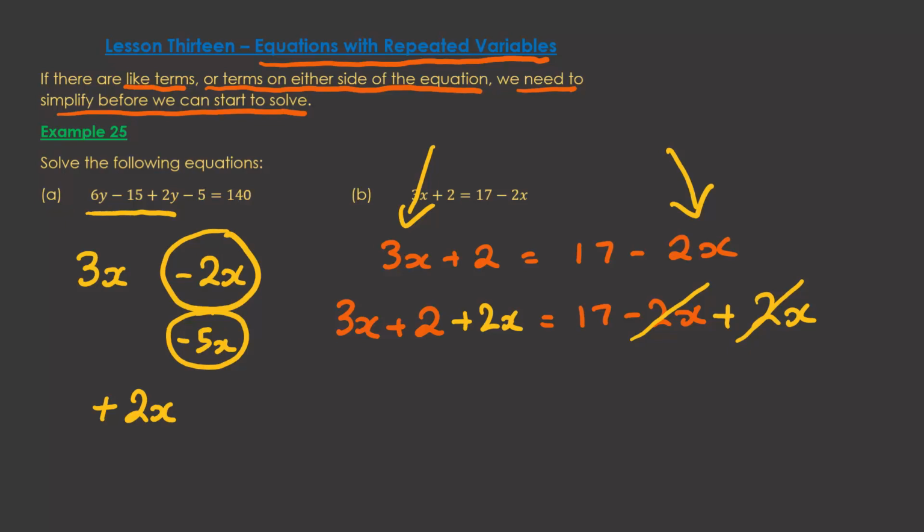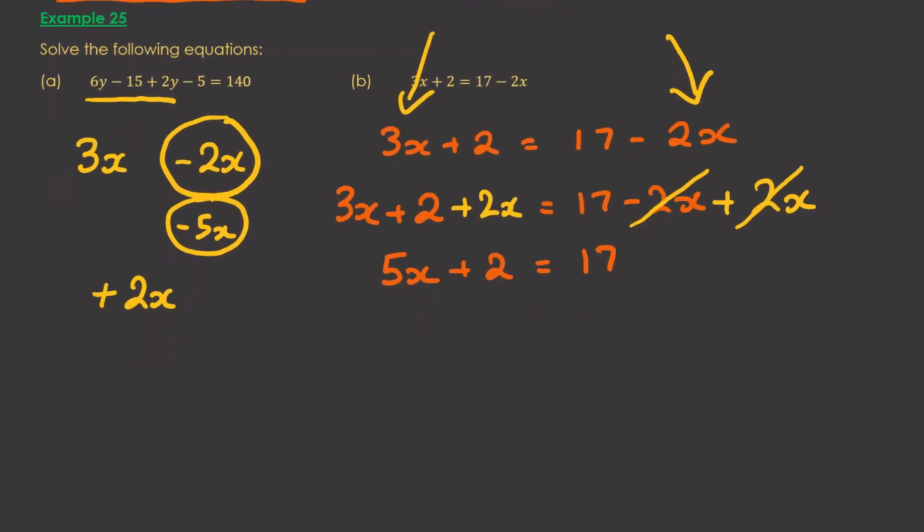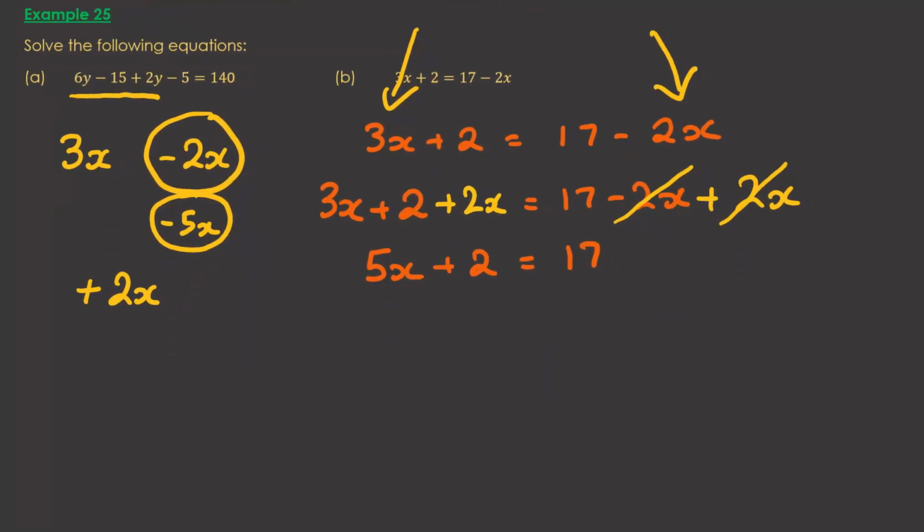On the left-hand side, I have 3x add 2x, which gives me 5x. I've still got the plus 2, but on the right-hand side now, I've just got 17. Now, thinking about inverse operations, and remember you could use a flowchart to help you decide what to do, the first thing I'm going to do on the left is subtract 2.